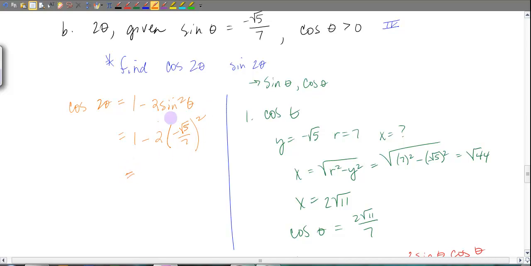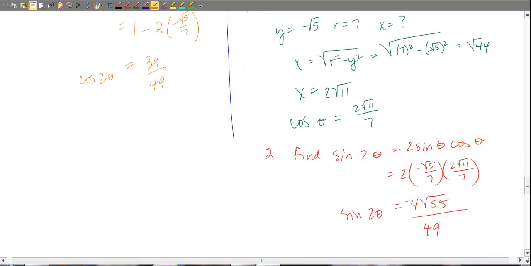So when I simplify this portion right here, I should end up with 39 over 49. And that's what the cosine of 2 theta is equal to. Okay, so that's how we're going to use identities to be able to find sine and cosine, whether we're looking for sine x or cosine x.